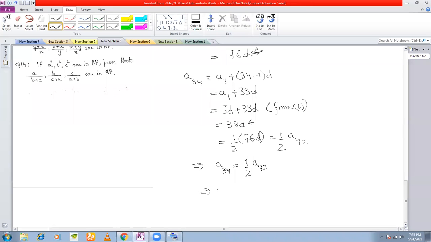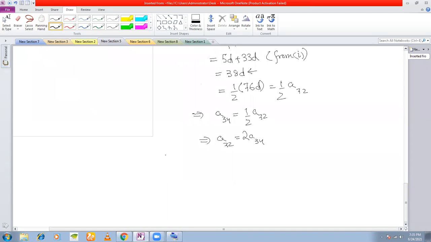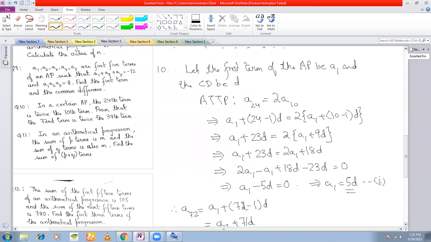That means A72 is equal to twice A34. That means 72nd term is equal to twice 34th term, right? And that is what was required to be proved here. Are we done? Yes, sir. Fine. So I'll stop here.